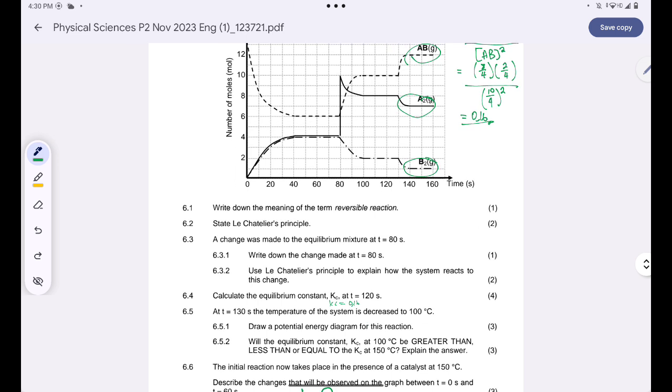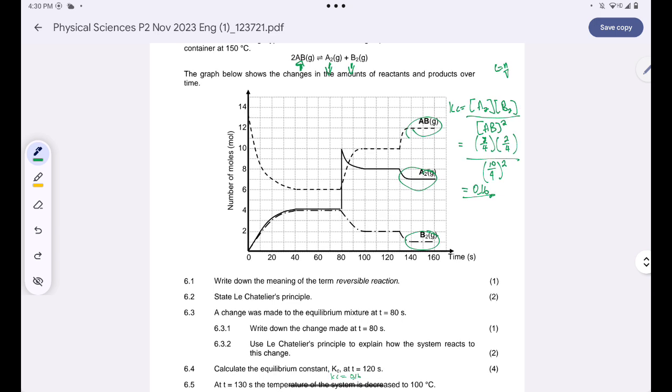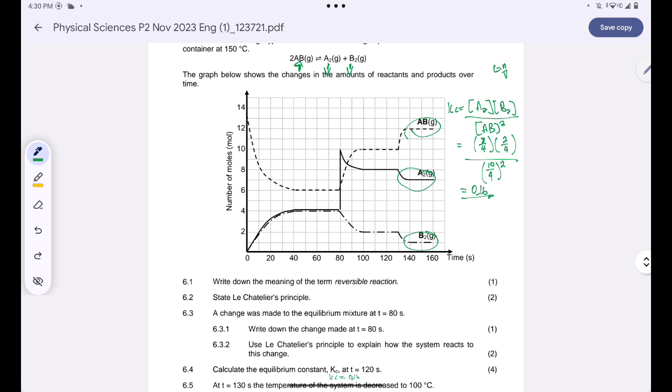Okay, firstly, what will happen here? Remember that, guys, a catalyst always speeds up the reaction, yeah? But in this case, we have a reversible reaction. So if you add a catalyst in a reversible reaction, we will increase the rates of both the forward and the reverse reaction.